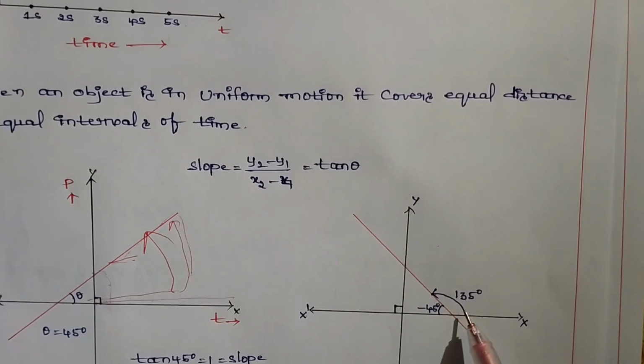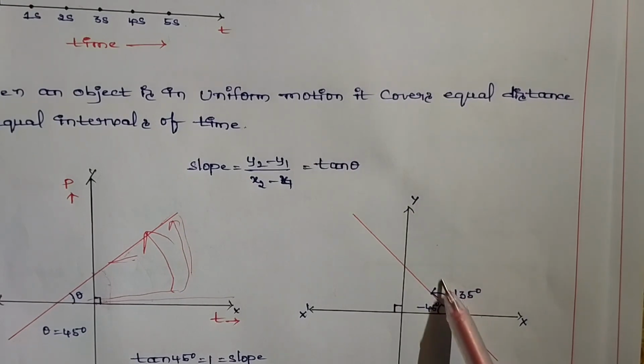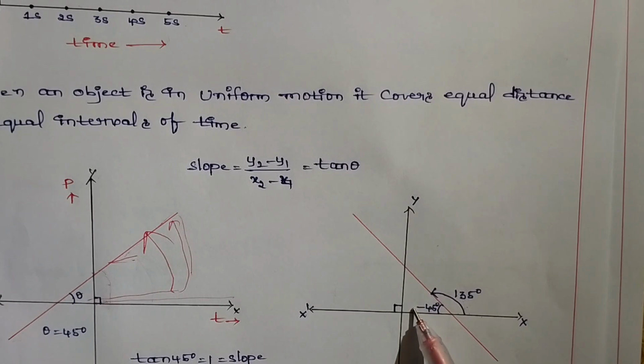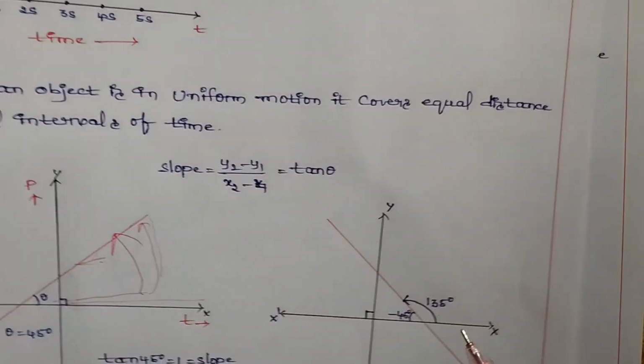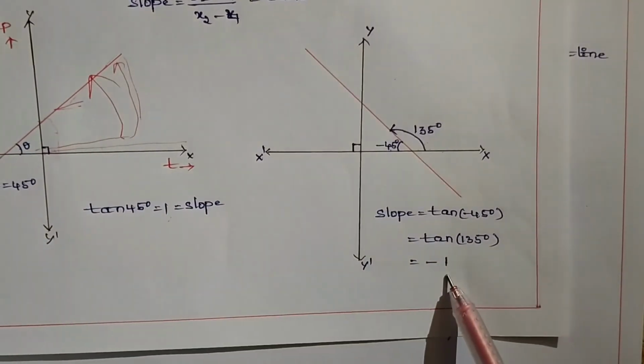Both are the same. If it makes a 135 degree obtuse angle in anti-clockwise direction, or minus 45 degrees in clockwise direction with the x-axis, in both cases we can say that the slope is negative.